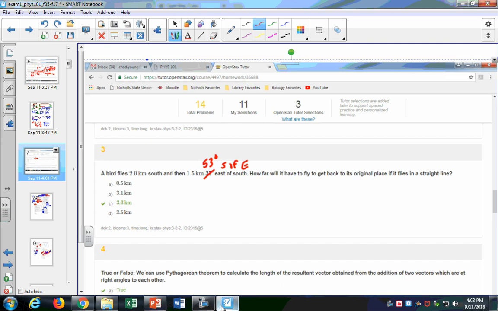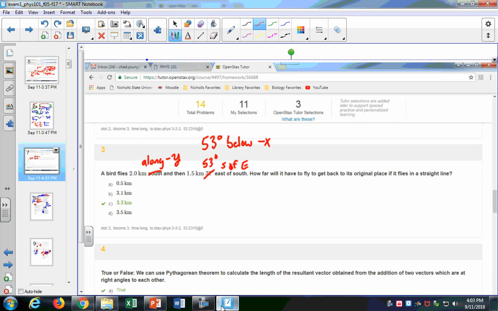You're only going to see angles from the positive or negative x or y axes. So 53 degrees south of east is the same as 53 degrees below the negative x. Otherwise it's the same problem that you'll see tomorrow. Actually, instead of south, I would say along the negative y-axis, and then it's a fine problem for tomorrow's test.